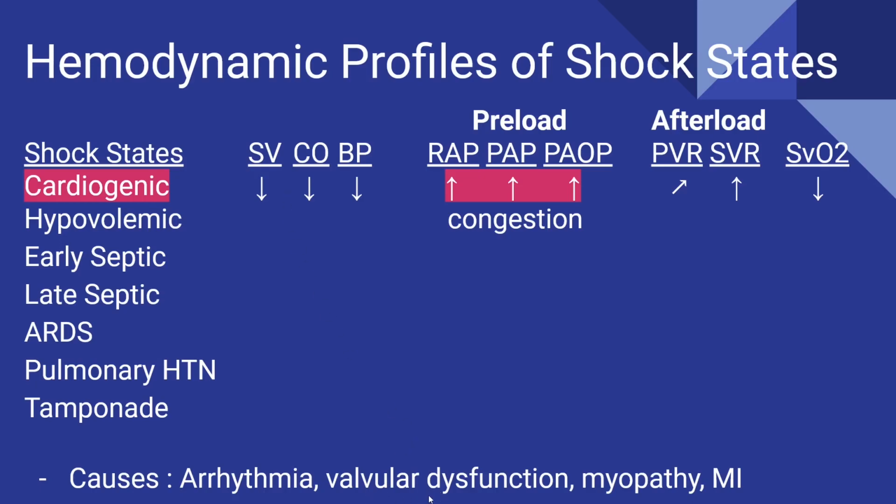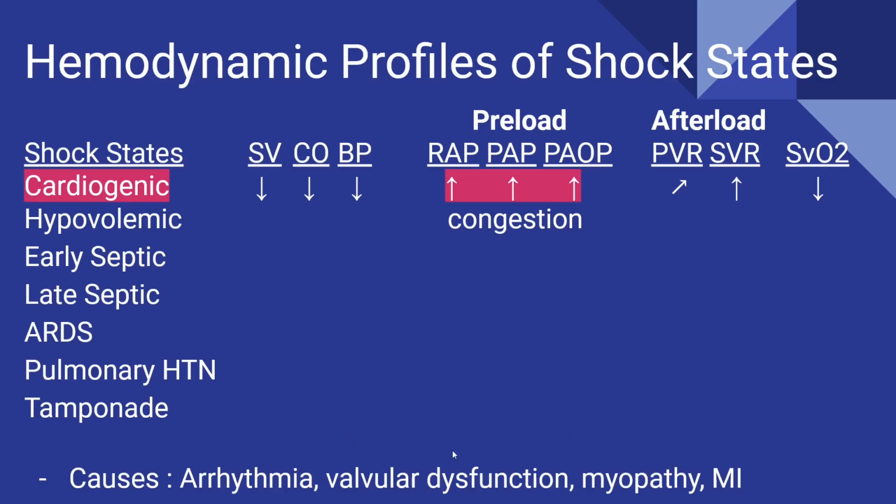Okay, any kind of valvular dysfunction, any kind of stenosis that causes less blood to get through, or any kind of regurgitation which causes more blood to back up, is going to mess up how much cardiac output we have. Any kind of myopathy or heart failure or heart attack is going to cause dysfunction in that wall, meaning it's not going to contract as well.